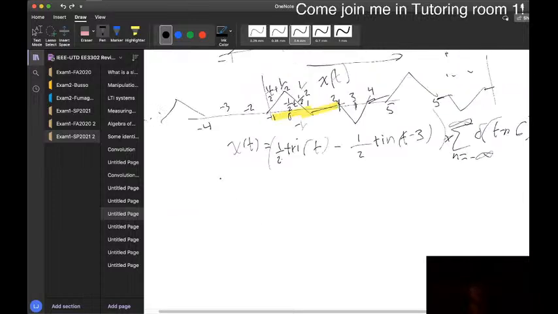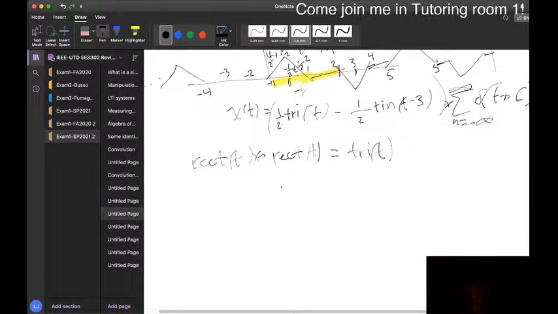remember that the Fourier transform of a rectangle function, rectangle of t, convolved with another rectangle, is equal to the triangle function. Great. So this actually has the effect of saying that the Fourier transform of both of these is well known.